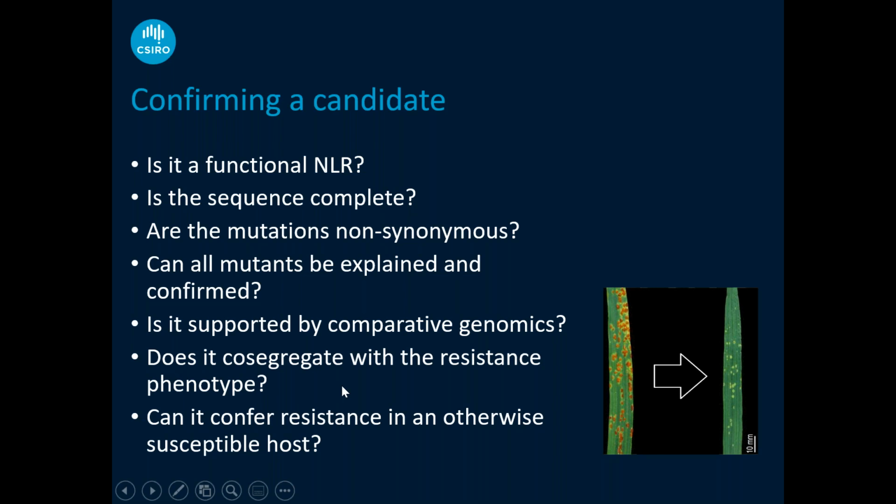If you do have a segregating population, does it co-segregate with the resistance phenotype? And finally, the clincher is, can it confer resistance in an otherwise susceptible host? So can you use transgenic complementation to really confirm that you found your target gene?